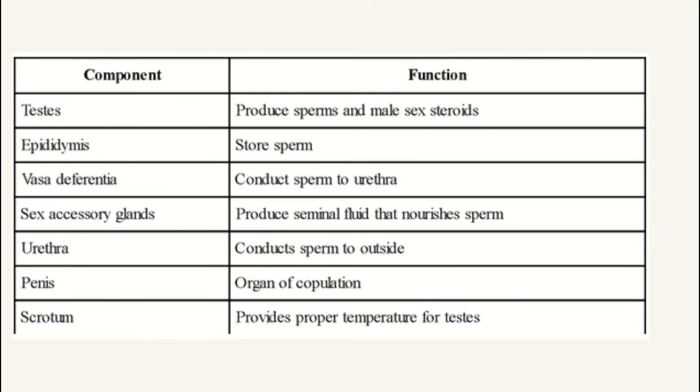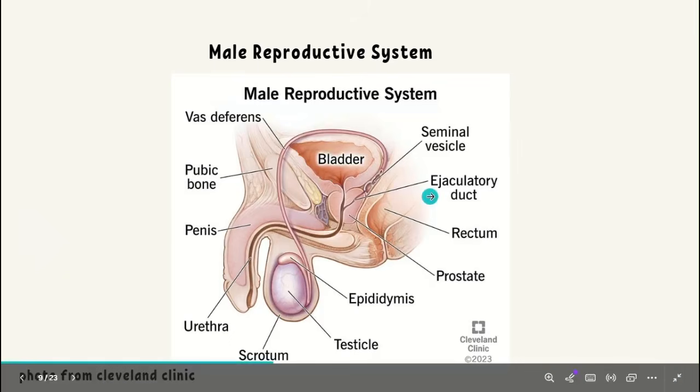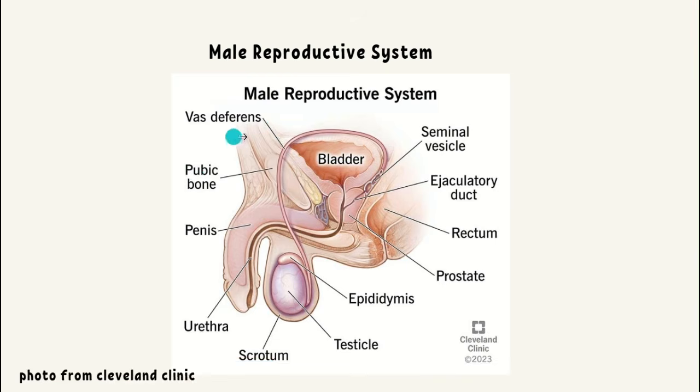Now, if we go back to the diagram, I would just look at it more in depth. So basically, the vas deferens, we always pronounce it wrong, but the vas deferens is a muscular tube that carries sperm from the epididymis.